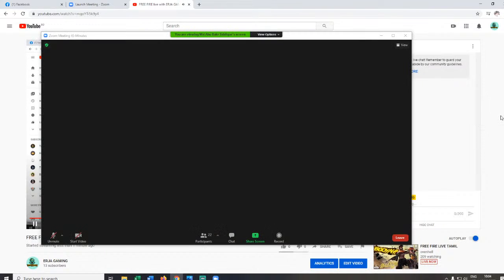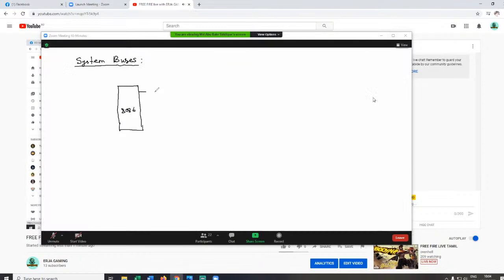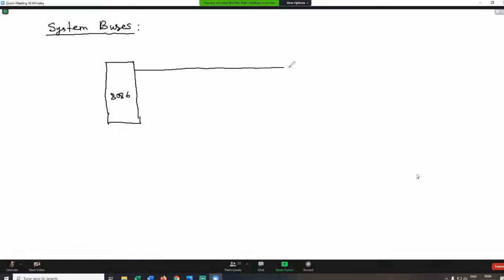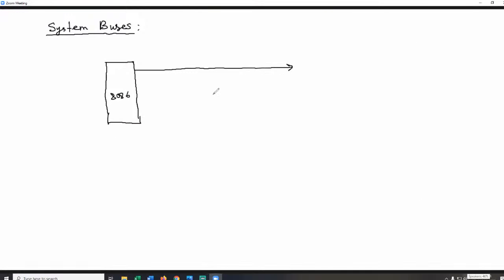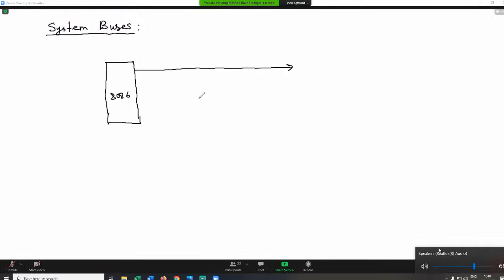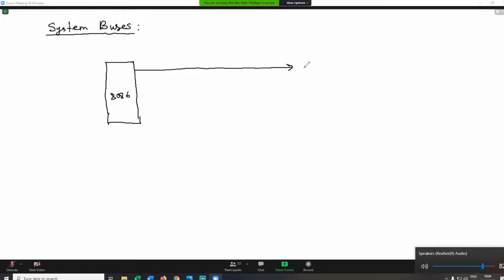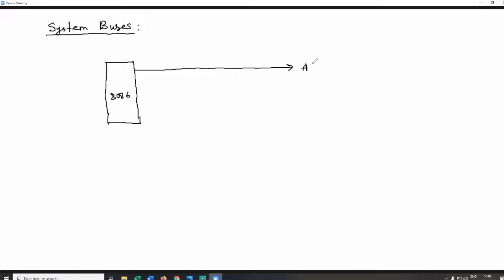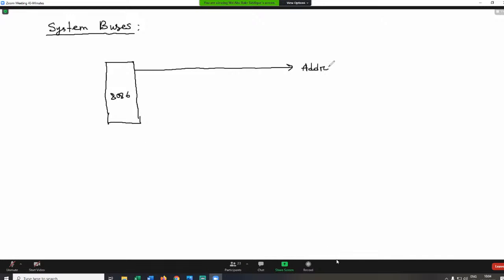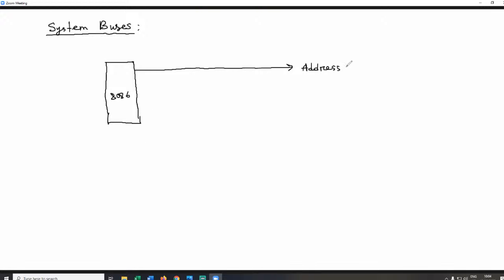So there are three types of buses. This is the first bus. Suppose this is an address bus.